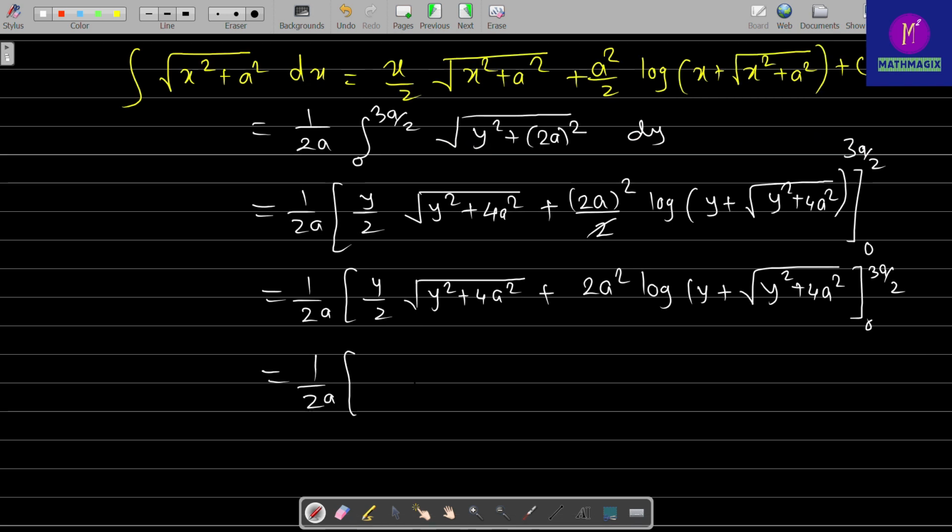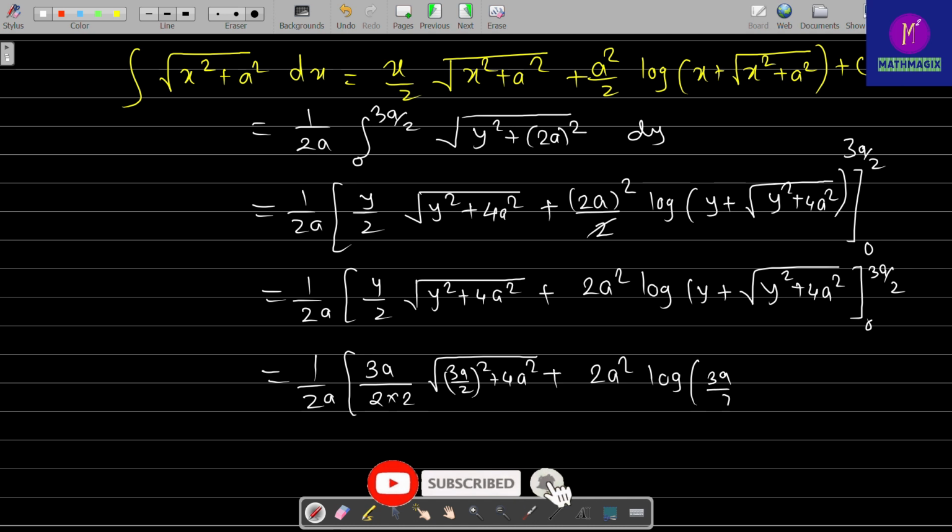Let us substitute the upper limit 3a by 2 in y. So we will get 3a by 2 into 2 square root of 3a by 2 the whole square plus 4a square, plus 2a square log of 3a by 2 plus square root of 3a by 2 the whole square plus 4a square.